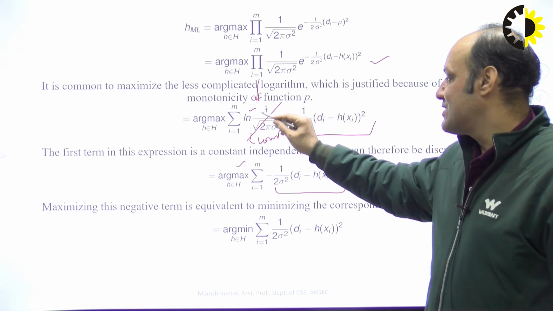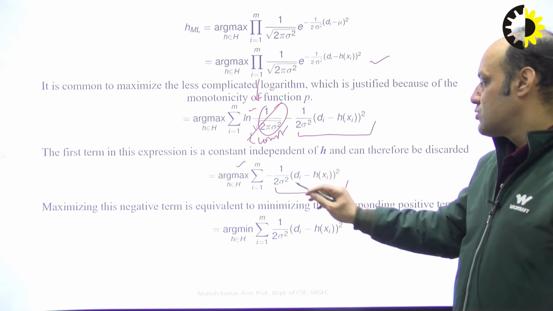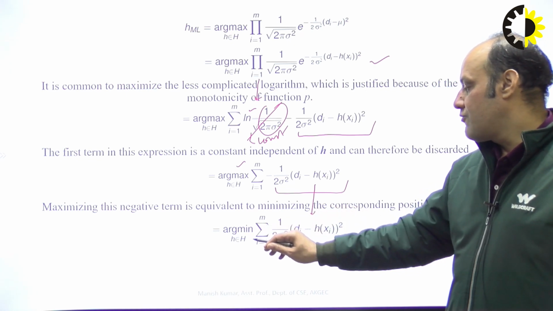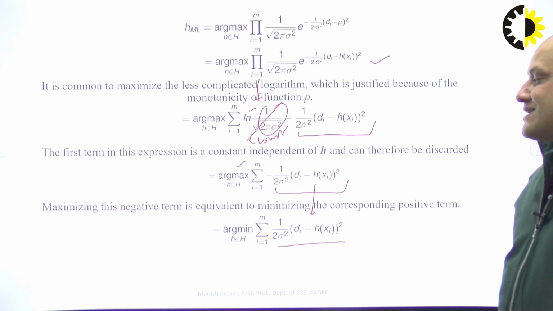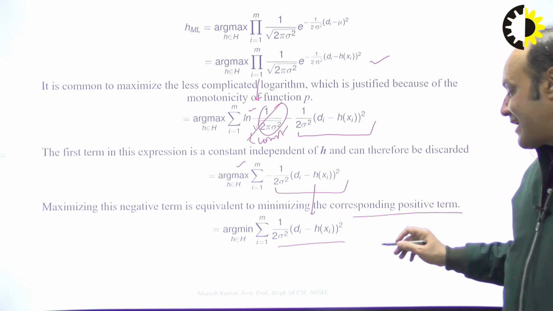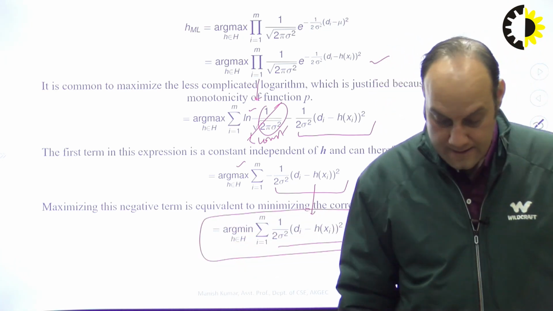I have considered this term a constant, so we can neglect it. So we can write the equation as arg min like this. Maximizing this negative term is equivalent to minimizing the corresponding positive term, so we can write it like this also. This is the maximum likelihood. Okay, students.